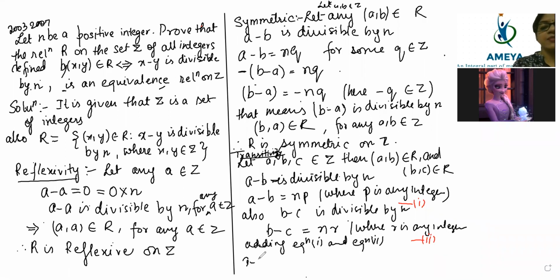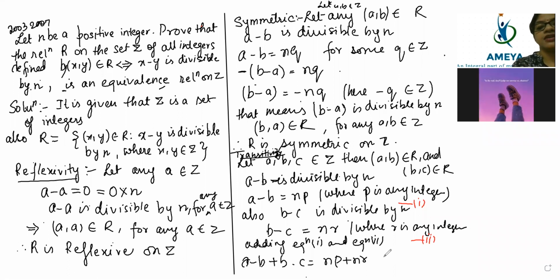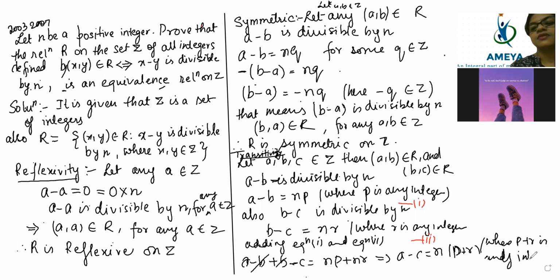So beta it will become A minus B plus B minus C is equal to NP plus NR. That means this one will get cancelled. A minus C is equal to N, take common, P plus R, where P plus R is any integer. That means what beta? A minus C is divisible by N.